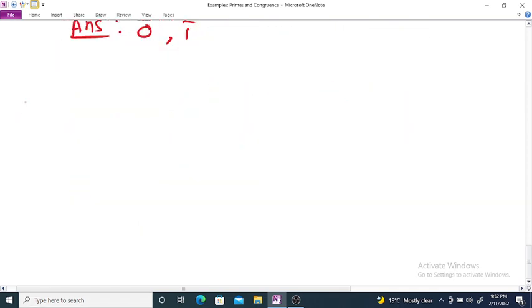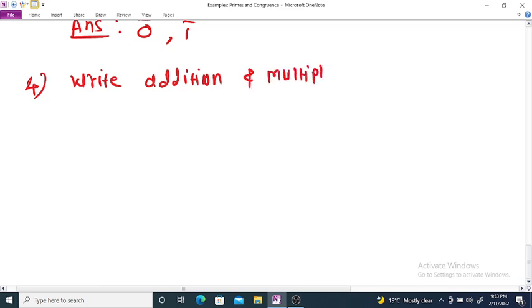Next example, example number 4. Write the addition and multiplication table for Z4.